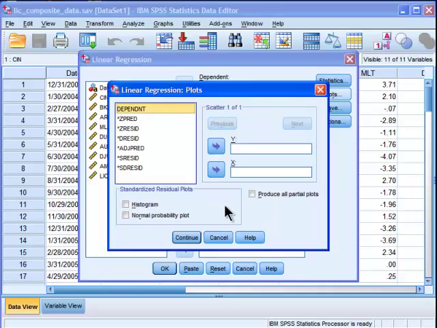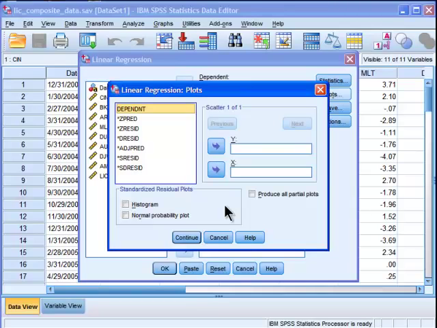Now, what people typically do in multiple regression is they test the assumption of homoscedasticity, and basically, heteroscedasticity is present when the variance associated with the residuals of the dependent variable is not homogeneous across levels of the independent variable.